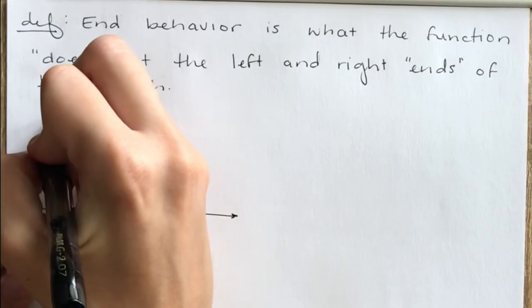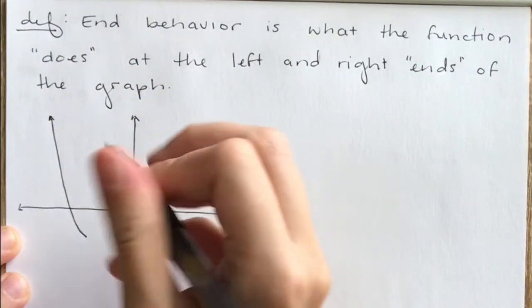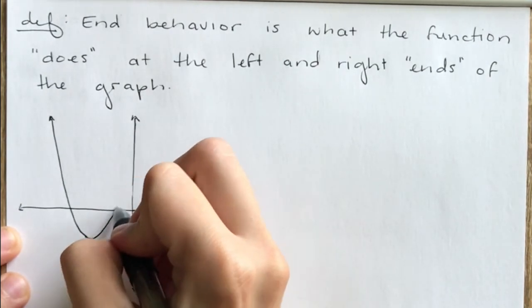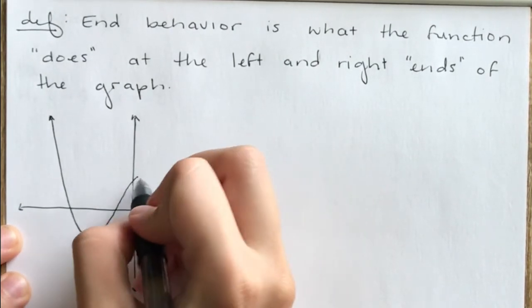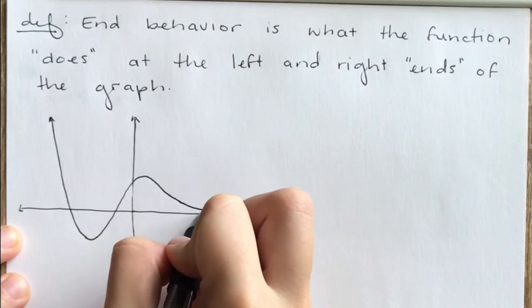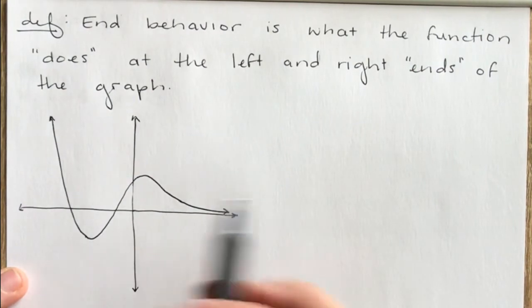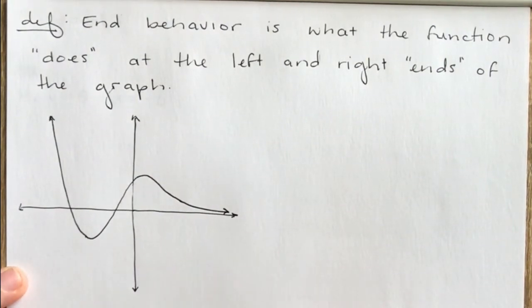Let's say we're looking at this really funky function. So what's going on as we move off the left and right sides of the graph?